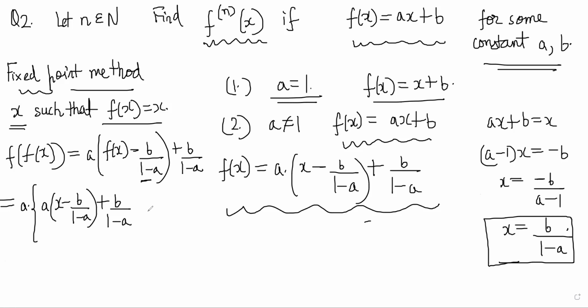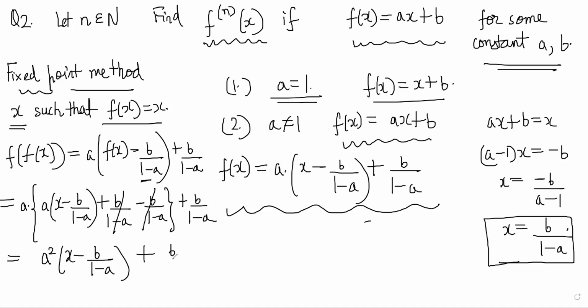But again, I have to subtract b by (1 minus a) and add b by (1 minus a). So these two terms get cancelled and you are ending up with a squared times (x minus b by (1 minus a)) plus b by (1 minus a). So this is coming out to be your f^2(x).